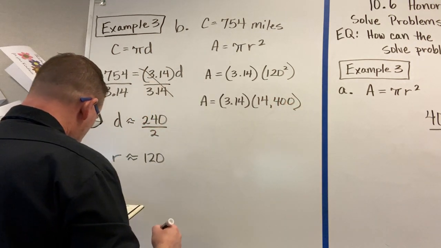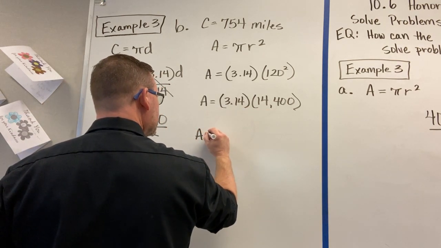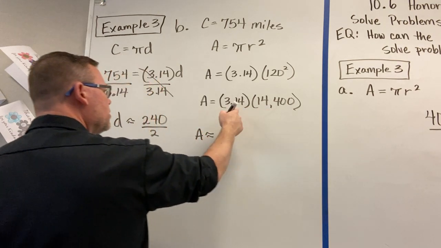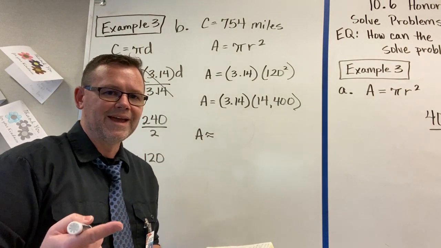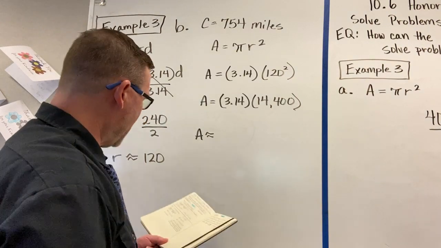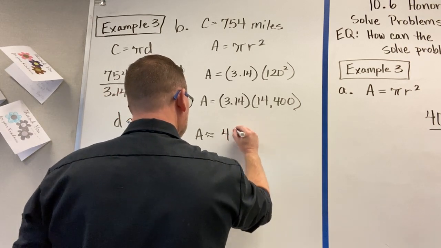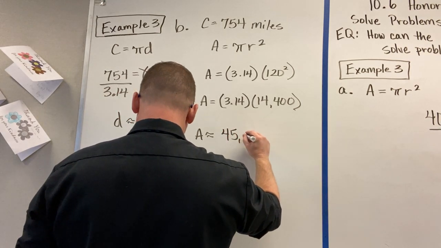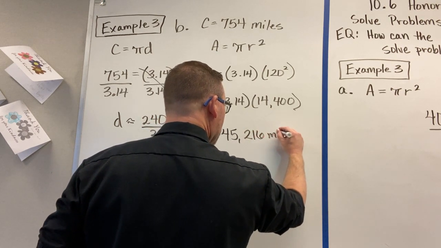Then we multiply these two together, and remember, this will always be an approximation if we're using 3.14, because we know that pi goes on infinitely. 3.14 is simply an estimation of pi. So when I do this, the area would be approximately 45,216 miles.